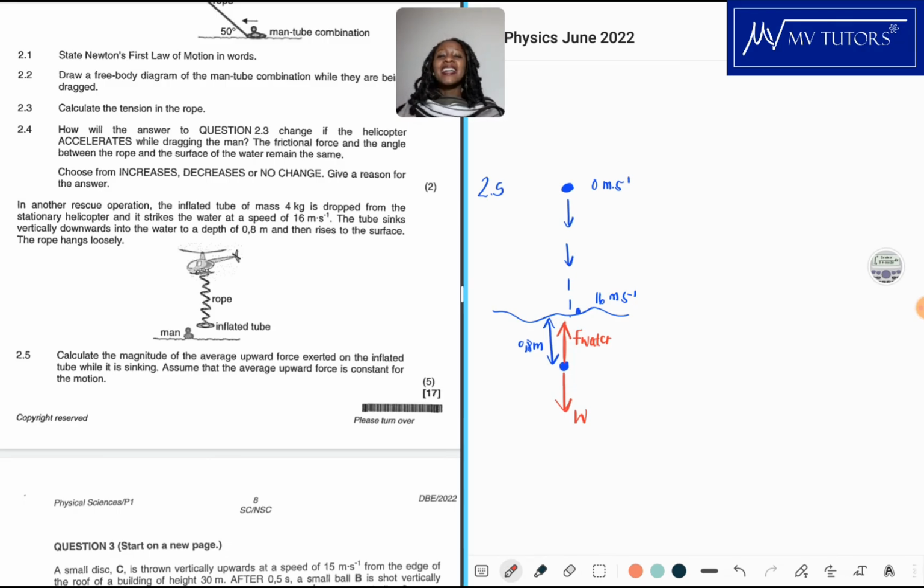So basically, a twisted version of Newton's third law: at this position, the weight and the force of water are not equal, because the force of water is greater, it will take it up. They will only be at equilibrium at the surface of the water, because there, even though you still have the weight, you do have the force of the water keeping it there. So there, Newton's third law is fine.